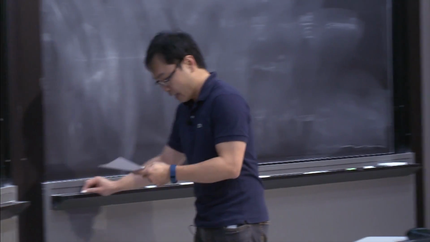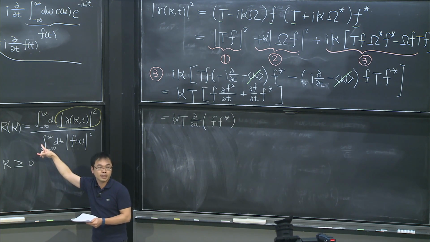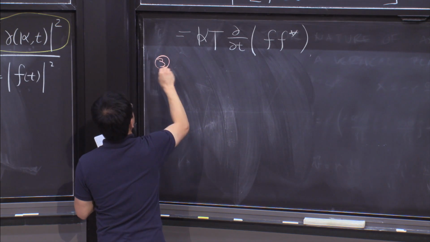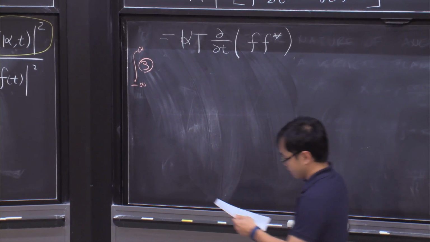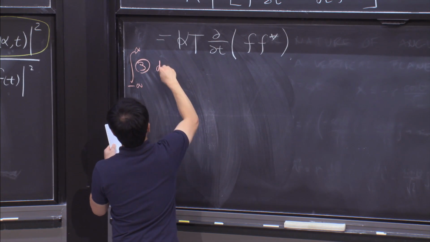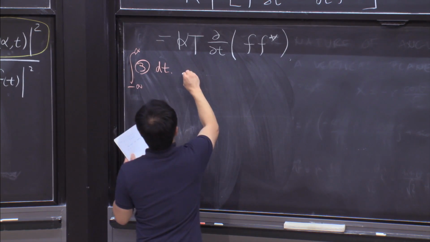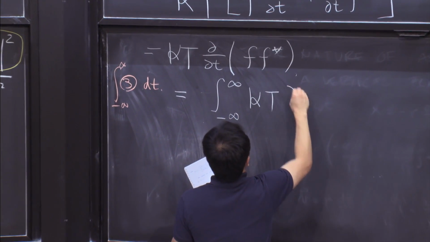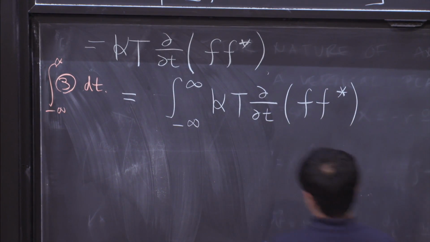All right? So now I can put 1, 2, and 3 into this integral, and then we are done. So now let's put number 3 into the integral first. I do minus infinity to infinity number 3 dt. What is going to happen? This will give you the integral from minus infinity to infinity of kappa t partial t f star, and I can use integration by parts.